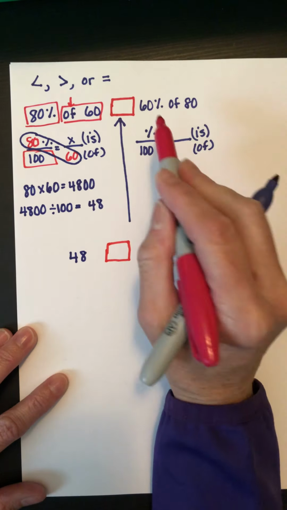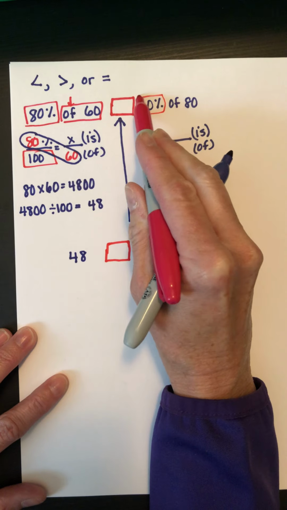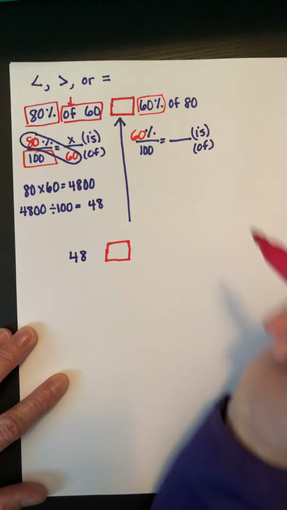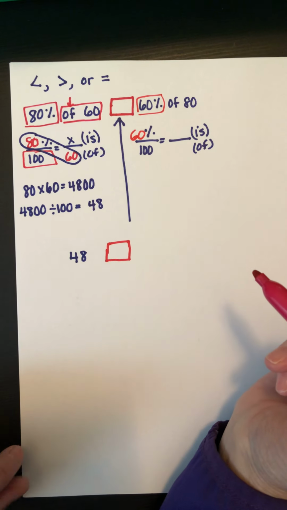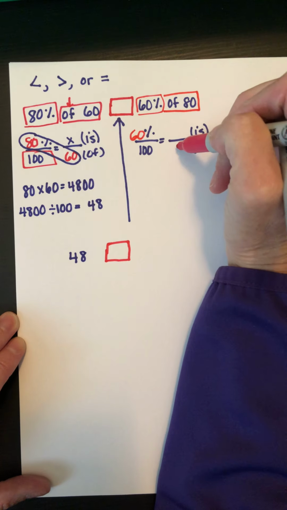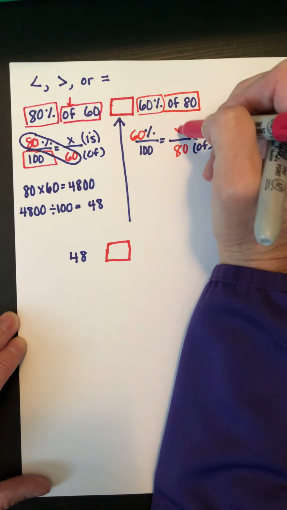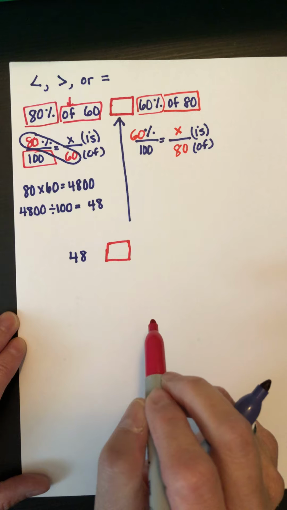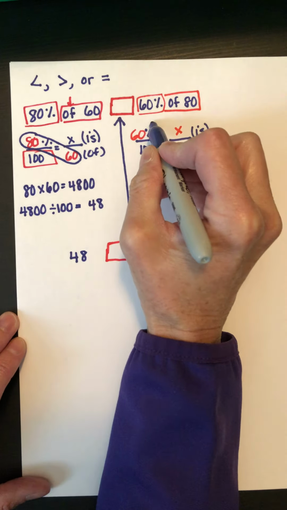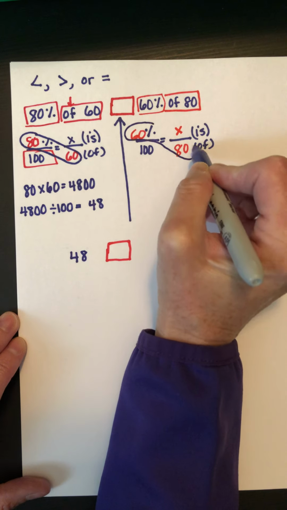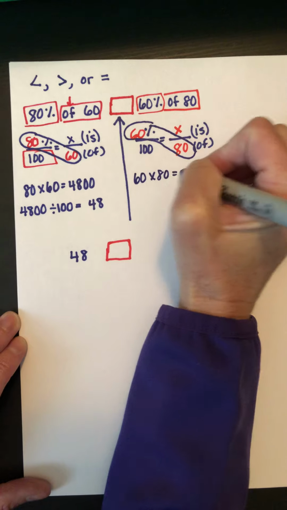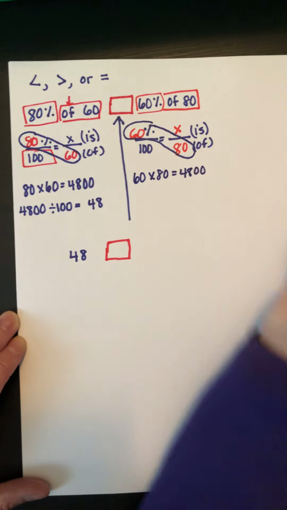So now I have to do this whole second problem here. Plug in my values. I have 60% of 80. So 60 is going to go here above the 100, because it's a percent, of my 80. 80 is going to go on the bottom. And I'm just going to plug in my variable, because that's what I'm trying to find out. Well, 60 times 80 equals 4,800.